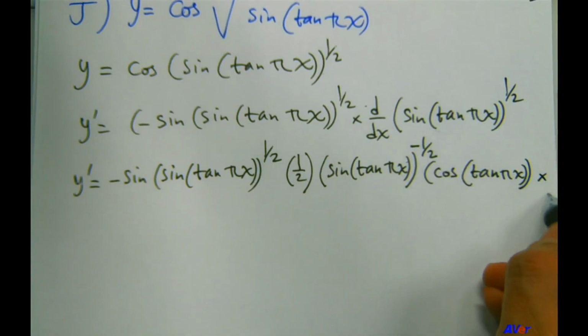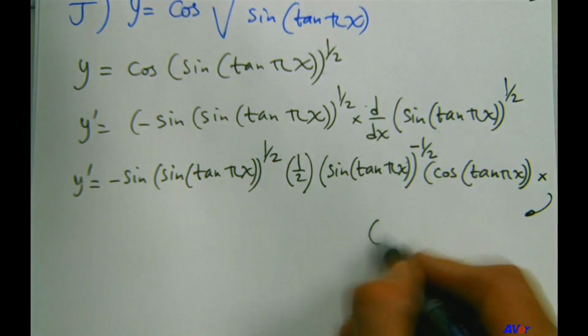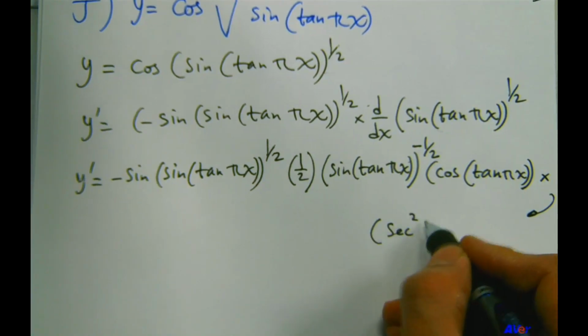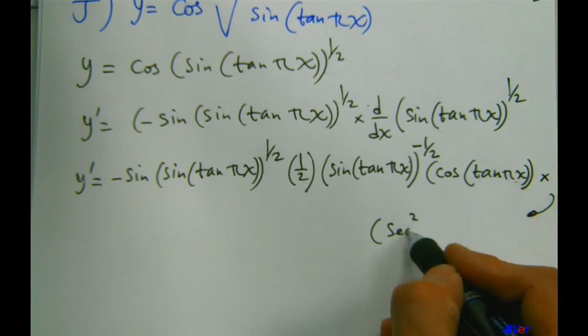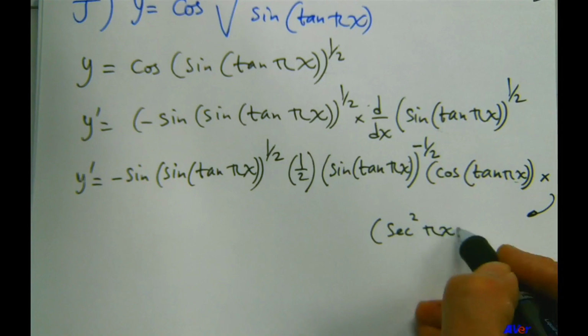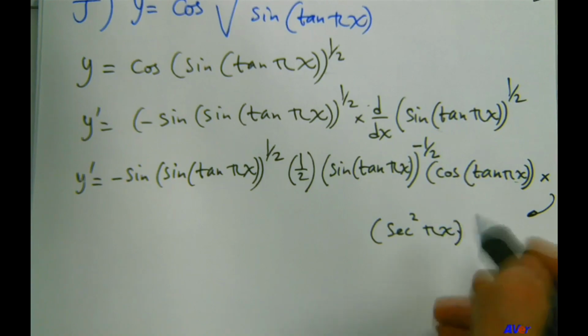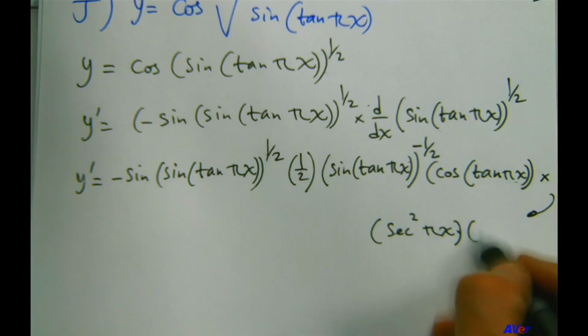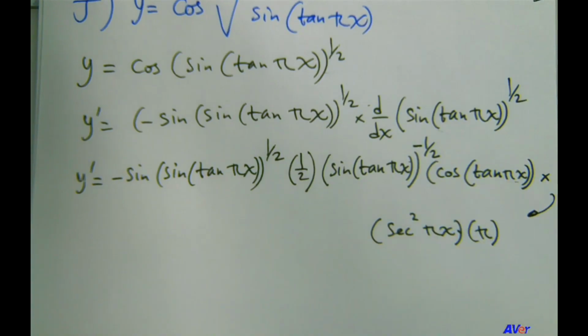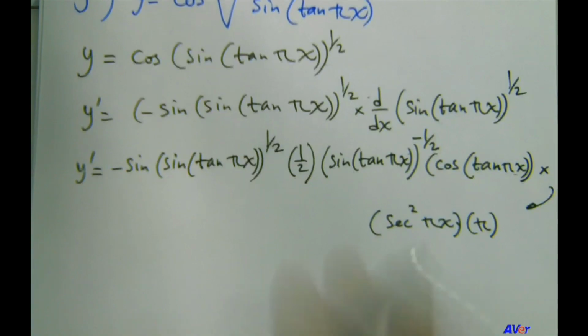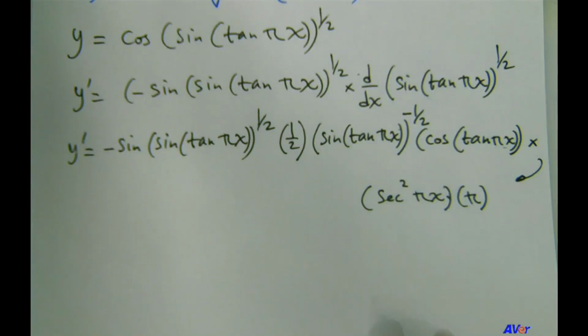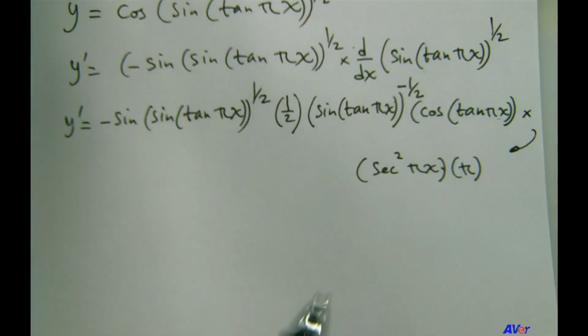So times that, that's the derivative of this piece, secant squared pi x, times the derivative of pi x, which would be pi. This one I couldn't fit across this screen, but I'll try to make it more compact after that. But maybe the screen seems to be a little bit out of focus, so let me try to focus that.